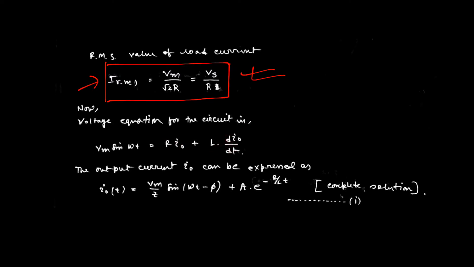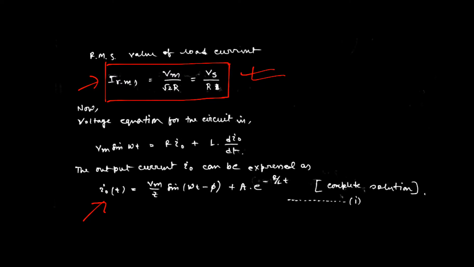That means the output current i0 can be expressed as i0(t) equal to Vm by Z sin(omega t minus alpha) plus A into e to the power minus R by L t, which is a complete solution that was discussed in my previous section many times.